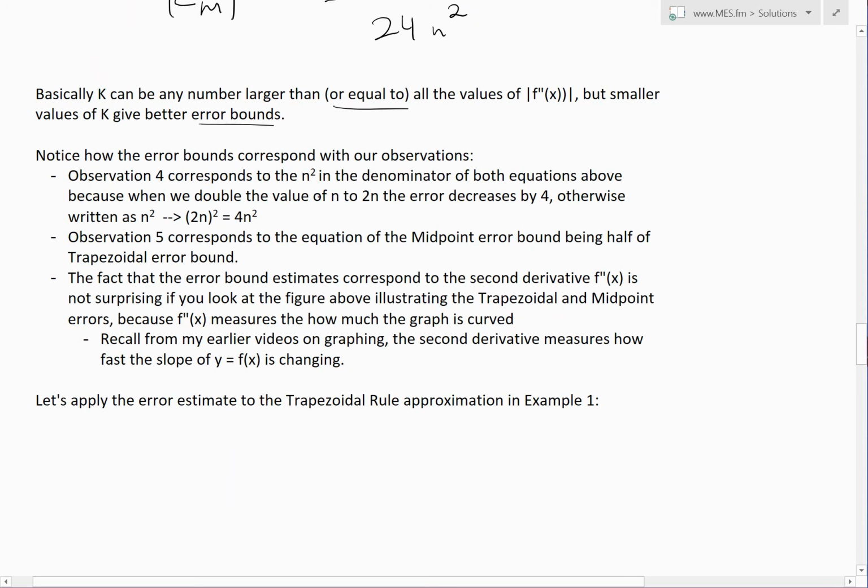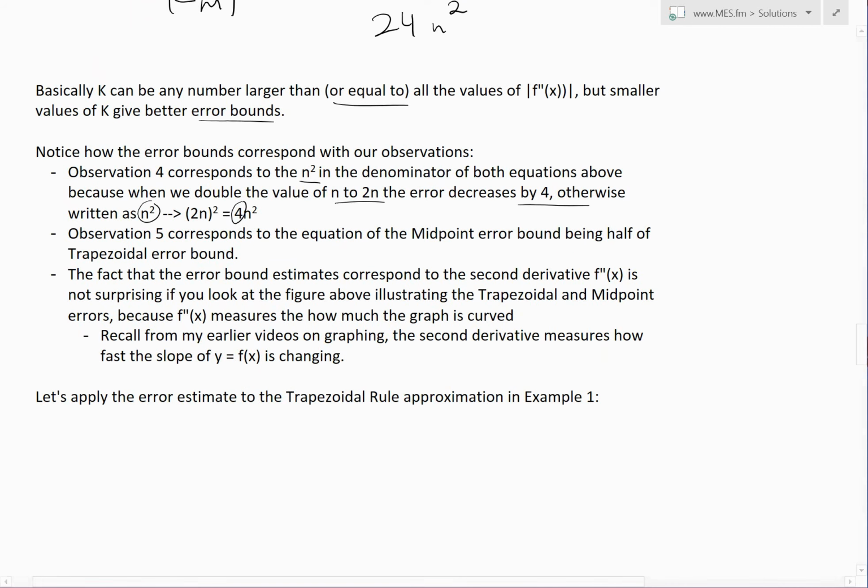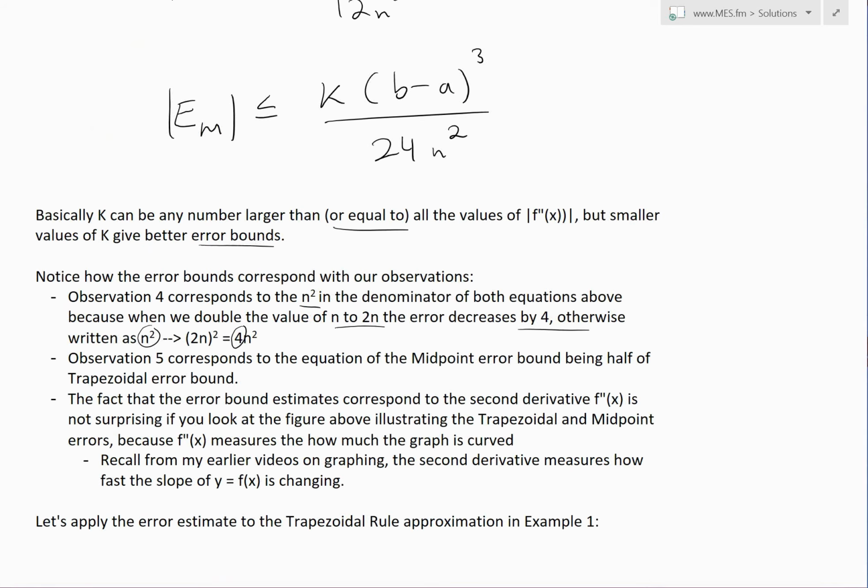Basically this corresponds to the n squared in the denominator of both equations above, because when you double the value of n to 2n, the error decreases by 4. Because of this n squared, whenever n doubles, (2n) squared is 4n squared, so it's 4 times smaller because you're dividing by it.